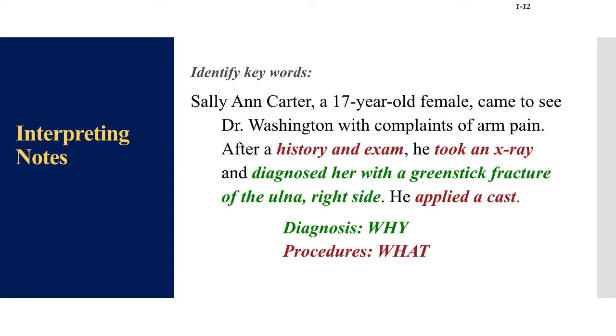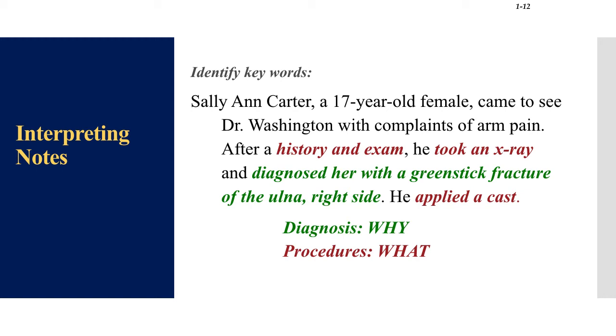So as we read through, we see the physician performed a history and exam. He took an x-ray and he applied a cast. And those are all things that the physician did. So we know that those will be reported using a procedure code because they explained what the physician did.